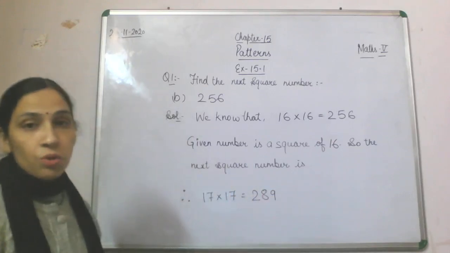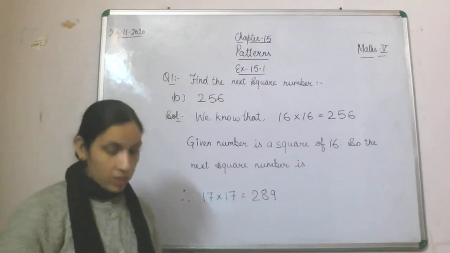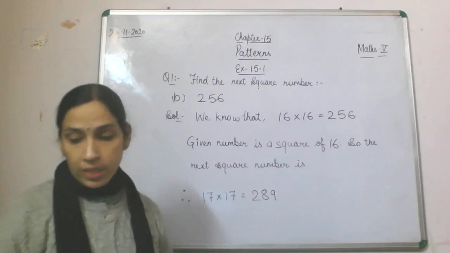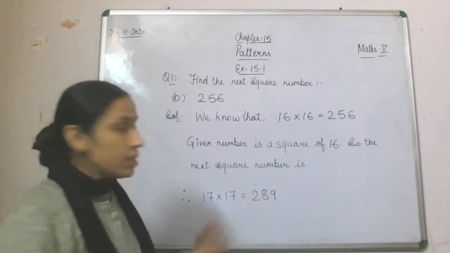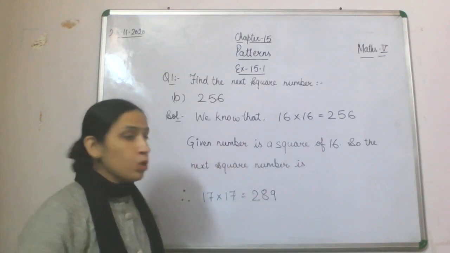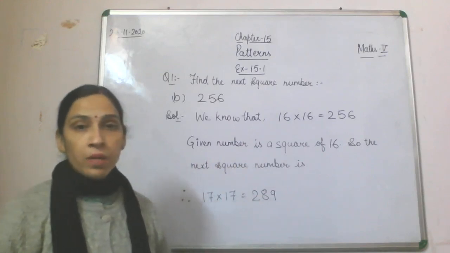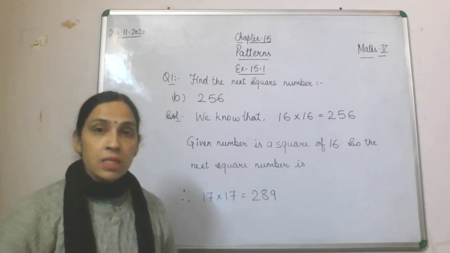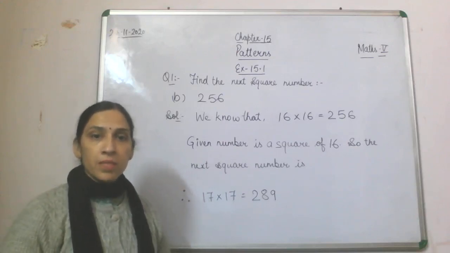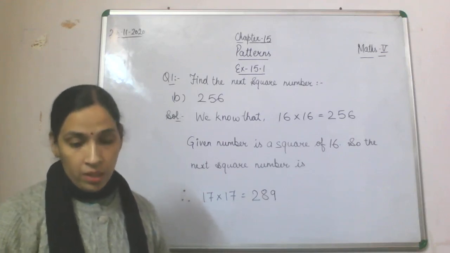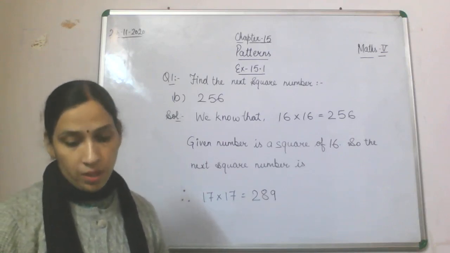Beta, I know this, what is the square of this number. You all will do the multiplication and then you will get the answer. So the given number is a square number of 16. So the next square number will be of 16 plus 1, that is 17. So 289 is the next square number.